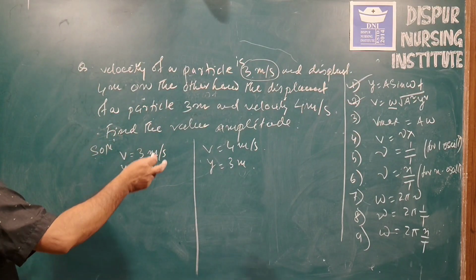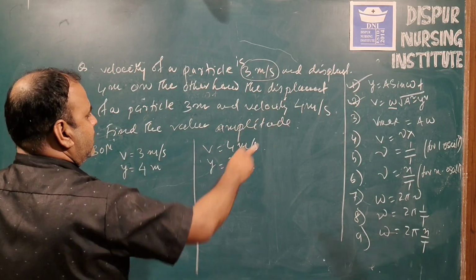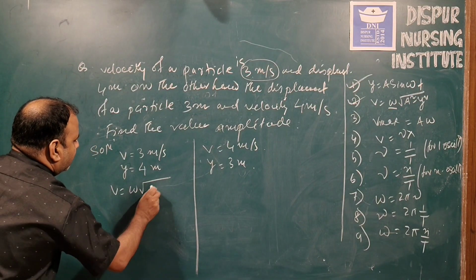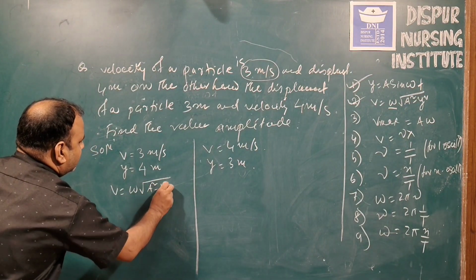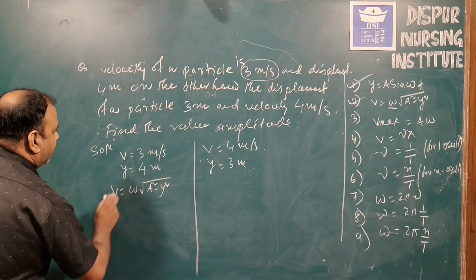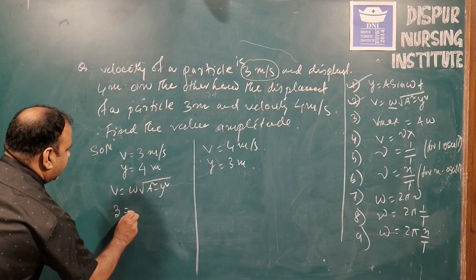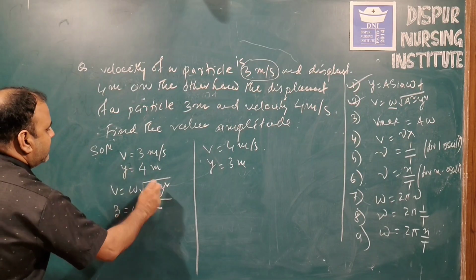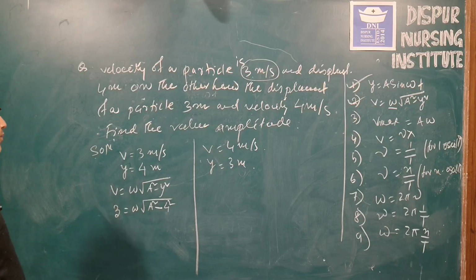So using equation number 2, that means v is equal to omega under root a square minus y square, we will get v is equal to 3, and omega under root a square minus 4 square.